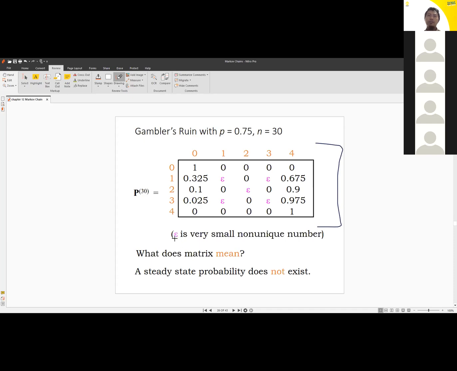For example, here, eta is a very small number. But you can see the total should be 1, so it would be 1 point something. This is the error. Because of this error, the steady state probability of the matrix doesn't exist.